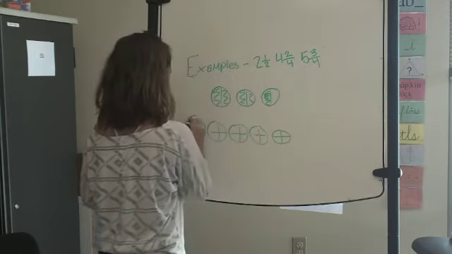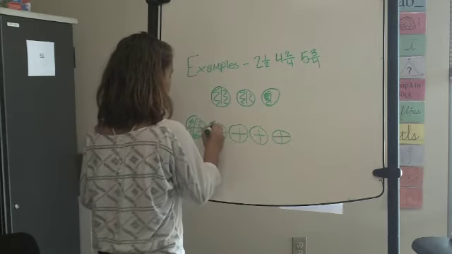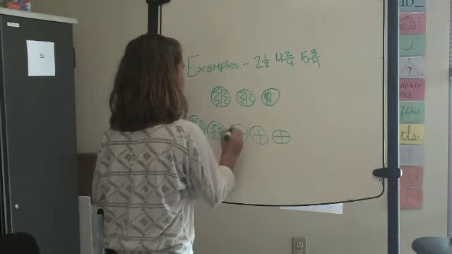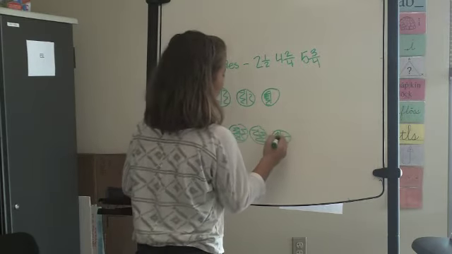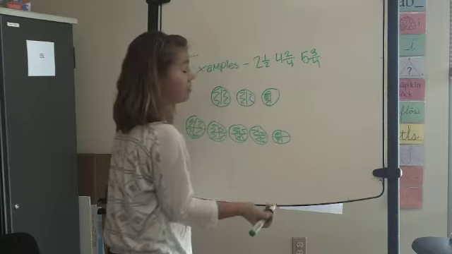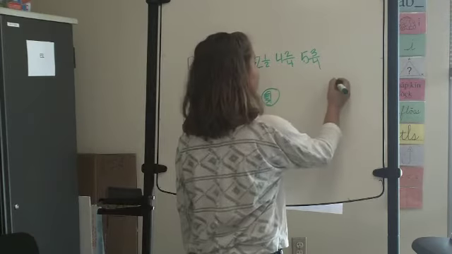So this would all be shaded in. So that'd be 1 whole, 2 wholes, 3 wholes, 4 wholes, and 2/4, which would also be equal if you knew how to do this.